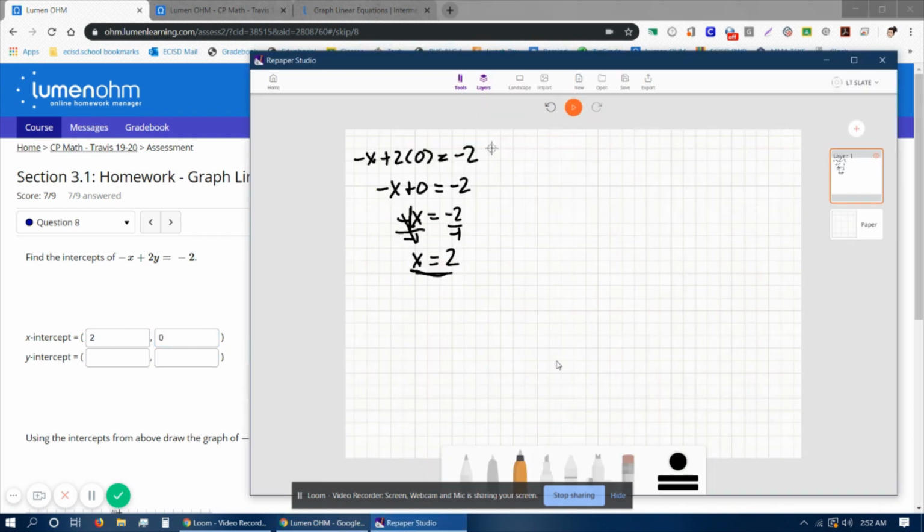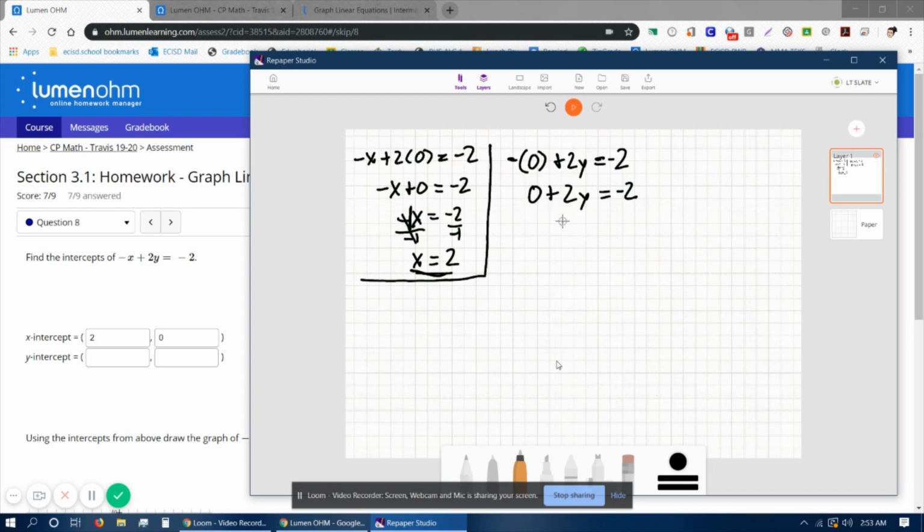To find the y-intercept, it's the same process, but I plug in 0 for x instead. So I'll have negative times 0 plus 2y equals negative 2. Negative 0 is just going to be 0 plus 2y equals negative 2.